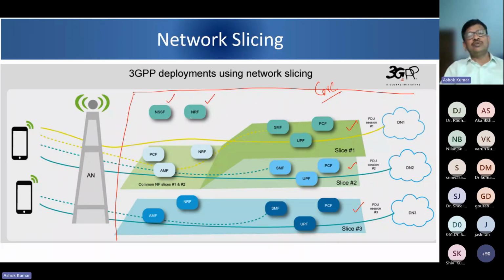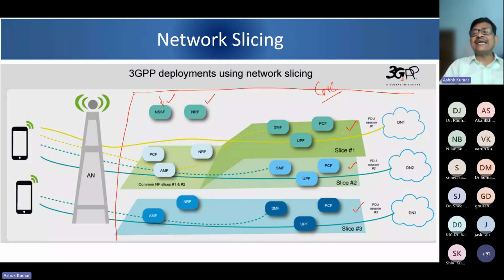The Network Repository Function, NRF, as you know, has the addresses of all other network functions. So NRF is common to all three slices, and so is the Network Slice Selection Function. This is the network function which tells the AMF which network slice is to be connected for a user equipment. So these two are common to all three slices.